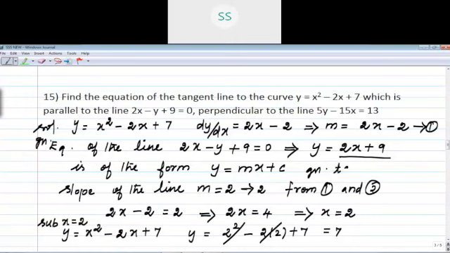Given the tangent is parallel, which implies slopes are equal. That I want to include here. Then you are comparing 1 and 2. That's why you are comparing 1 and 2, right? Now you know x and y. Slope also you know. So what are you going to find? Equation of the line.